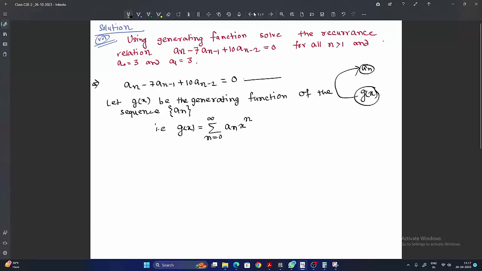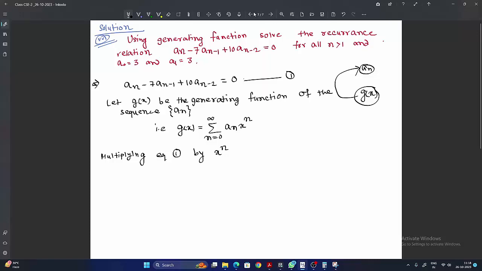Give it equation number 1, and now the second step is multiplying the recurrence by x to the power n, because we will build that term in the recurrence relation.